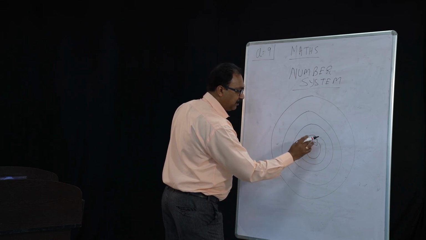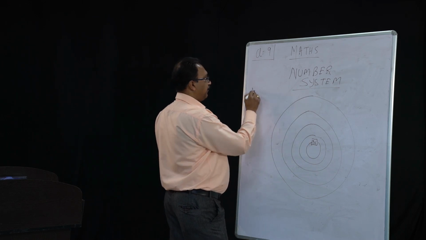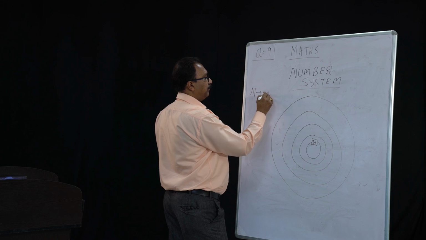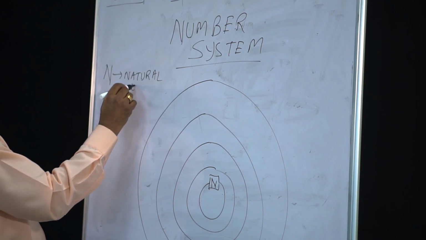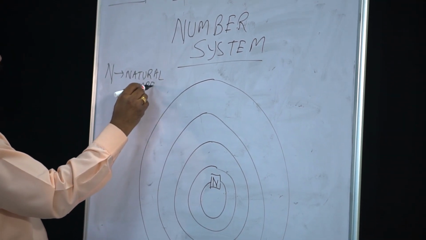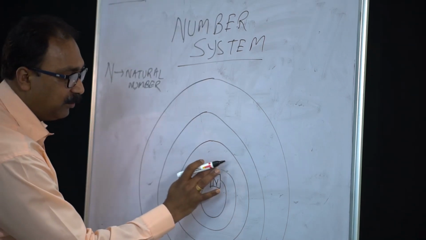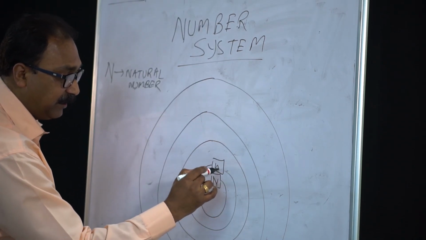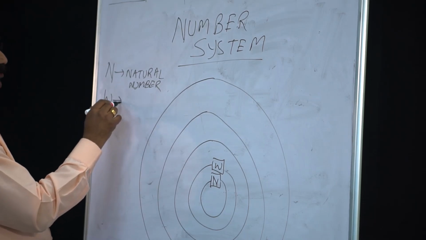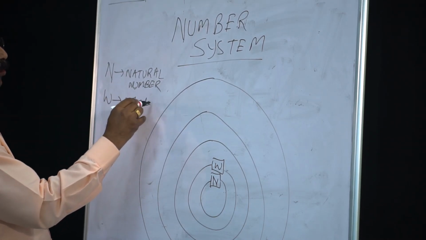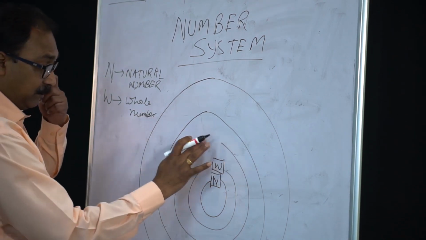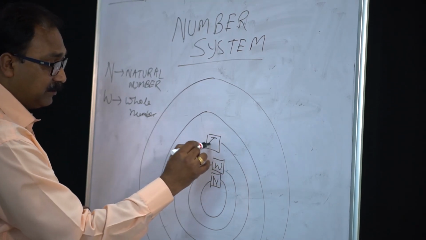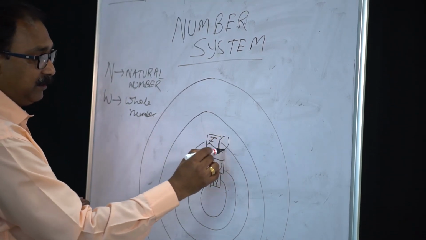So I indicate this circle, consider it as N. N stands for natural numbers. Then this circle I indicate as W. W stands for whole numbers. Clear? The third one we denote as Z, or you can indicate it by I also.